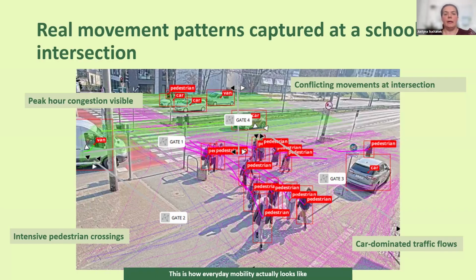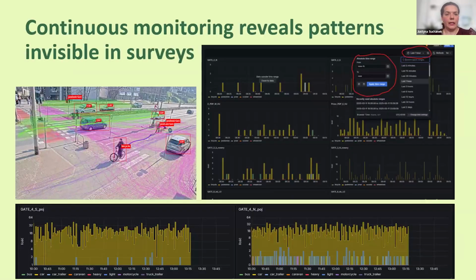We can analyze the data from 24 hours, 7 days per week, and I think this is the real plus for us. One important thing is that we didn't look at just one moment.